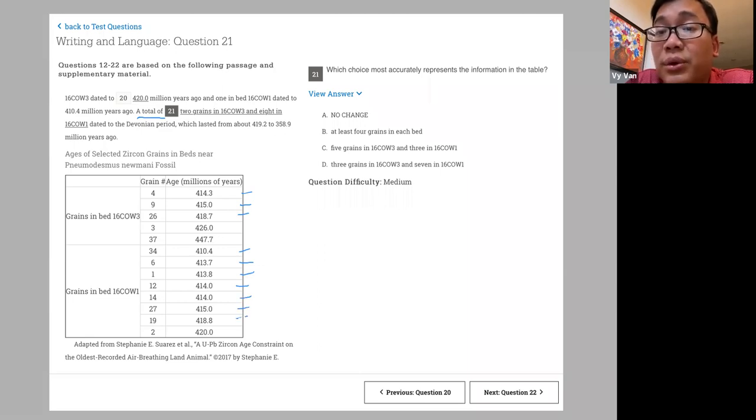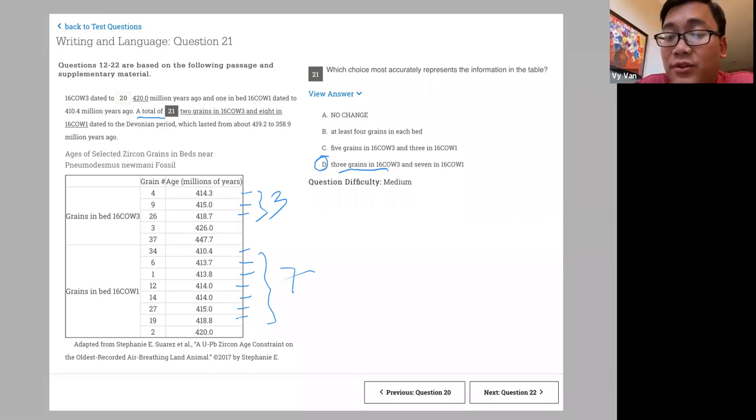Okay, so we want to find each of them. So there's 3 in here, and there's 1, 2, 3, 4, 5, 6, 7 in there. Okay, see which one says that. 3 grains and 7 in it. So that's the only thing that makes sense. There you go. That's exactly how you do it. This is like a math question right here.